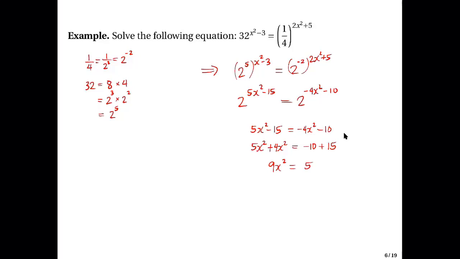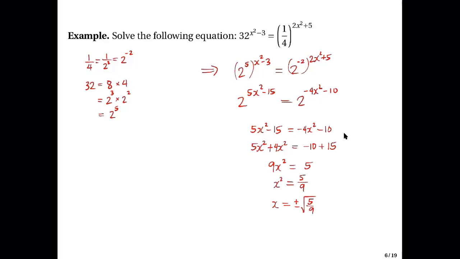So we solve for x. We can divide by 9 so that we will have x squared equals 5 over 9. And then we take the square root. So this becomes x equals plus or minus square root of 5 over 9.